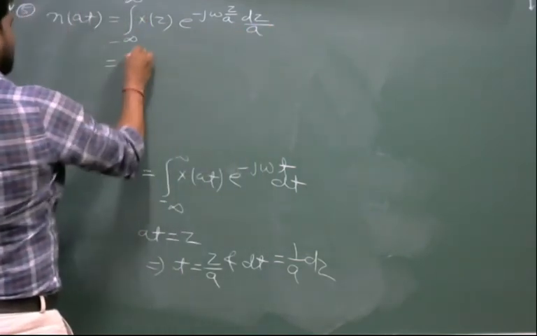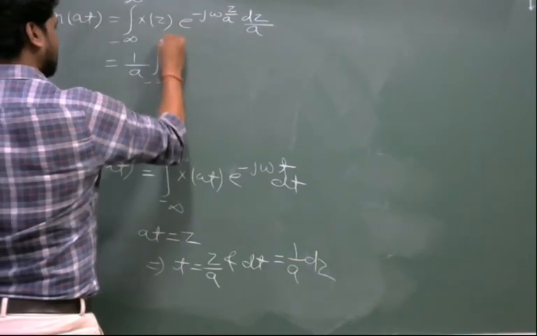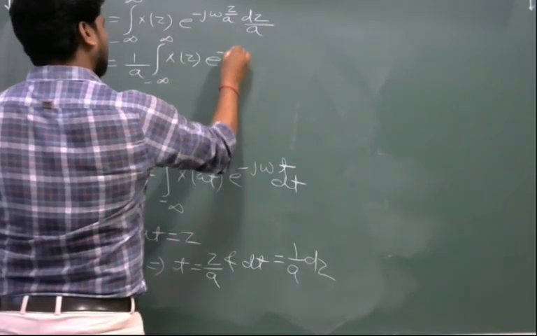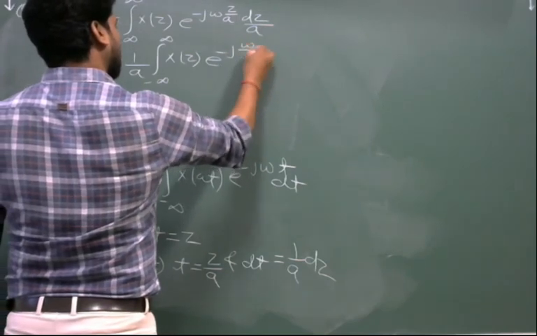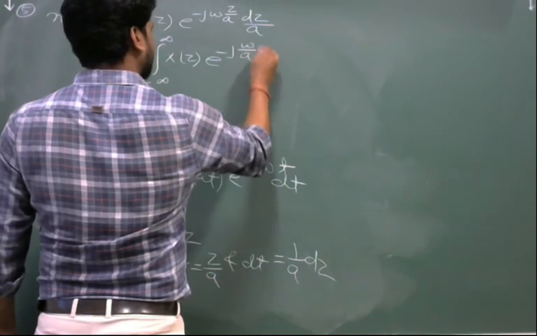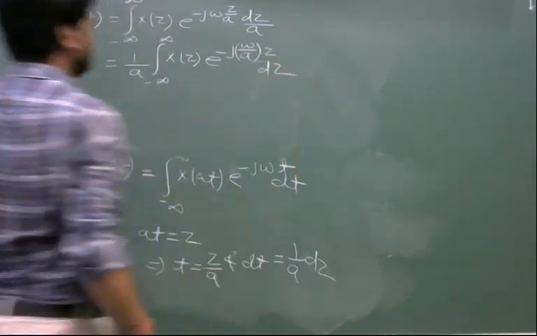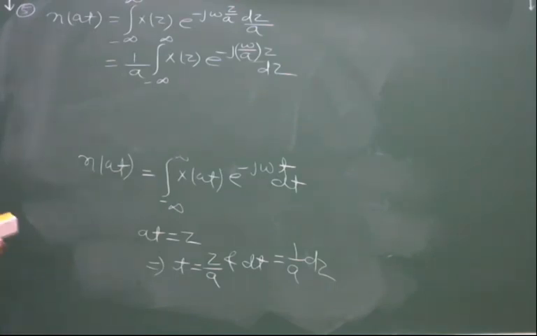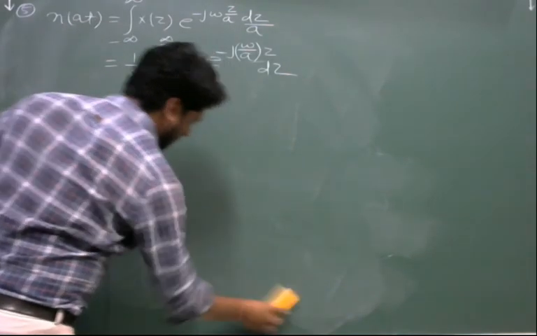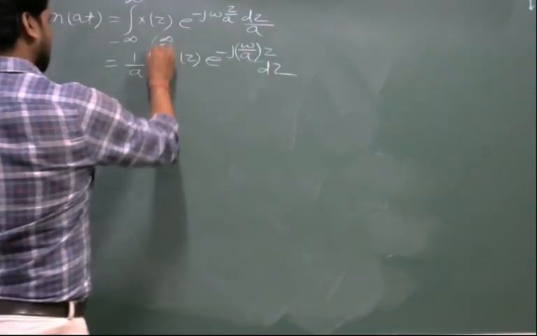This can be simplified as 1 by a times the integral from minus infinity to plus infinity of x of z e power minus j omega by a into z dz. This is how the function can be written after replacing the variables.